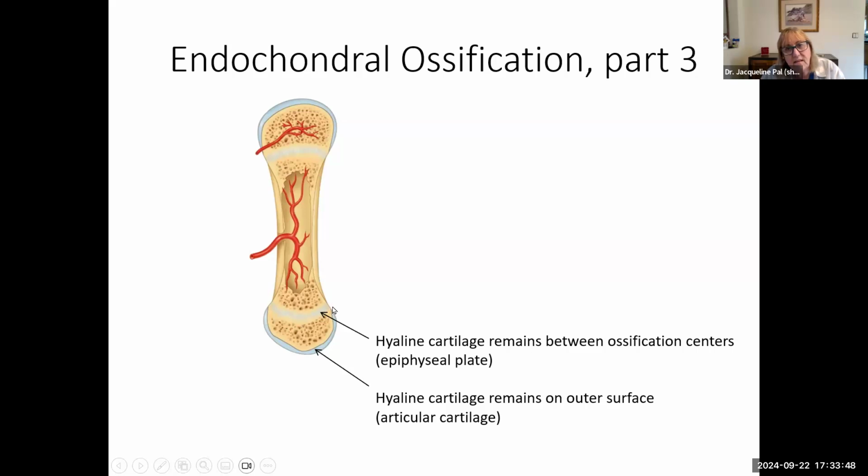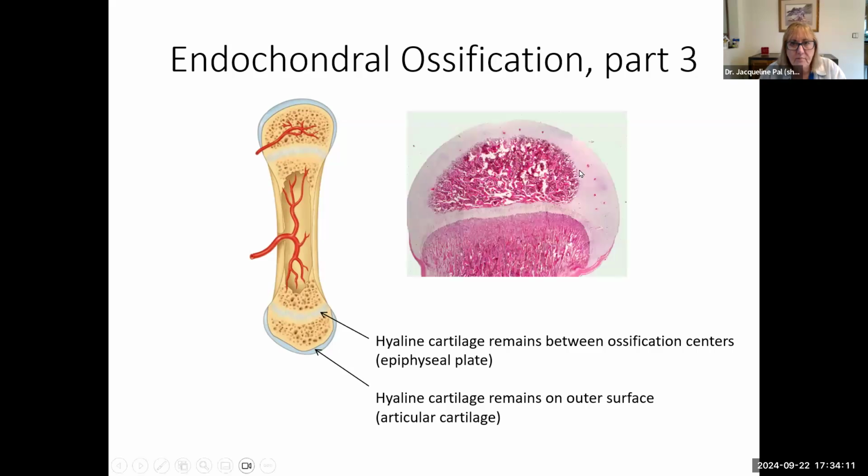And this is the epiphyseal plate, what you know as the growth plate. Only now you have to call it the epiphyseal plate. Notice the epiphyseal plate is not in the epiphysis. It's between the epiphysis and the diaphysis. We're going to talk more about the epiphyseal plate in just a couple slides.